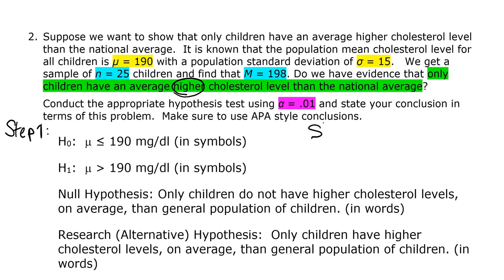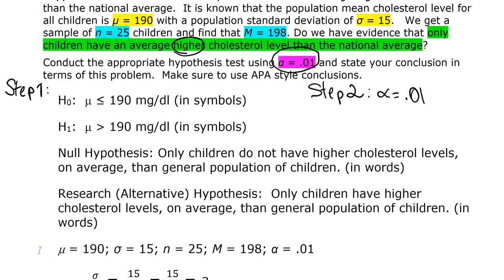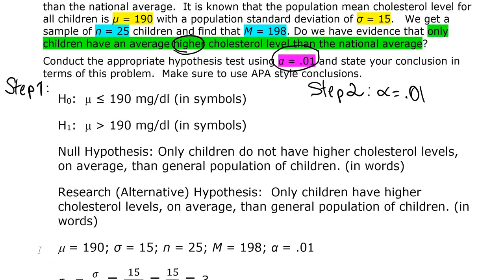Step 2 is setting the criteria, which is alpha equal to 0.01. That's given, so you don't have to worry about it. So let's move on to step 3, which is to calculate the test statistic, which is a z-test. We're going to conduct a z-test.